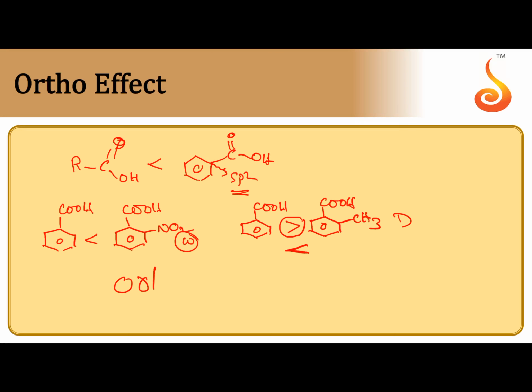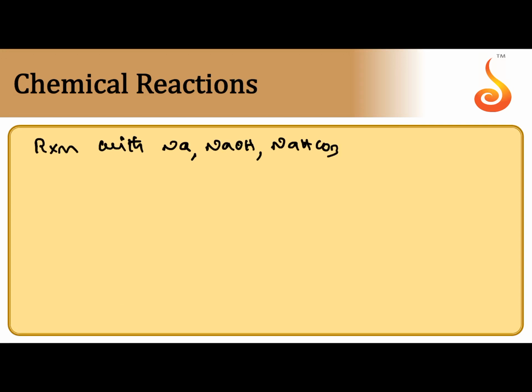So this is because of the ortho effect. So what is ortho effect? Any group, maybe donating group or withdrawing group, present at ortho position can increase the acidic strength of benzoic acid. That is called ortho effect. Now coming to the chemical reactions.